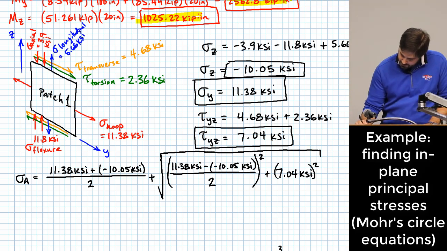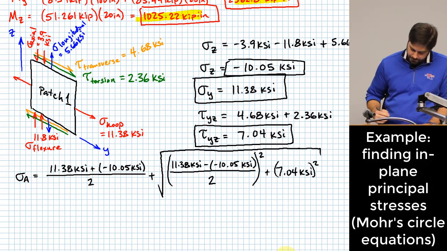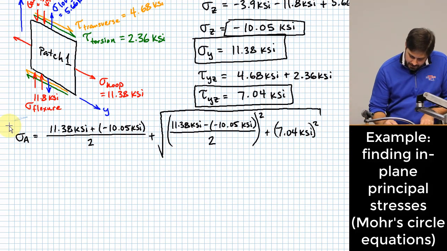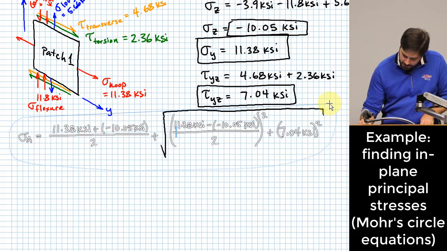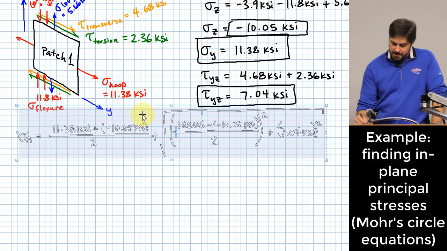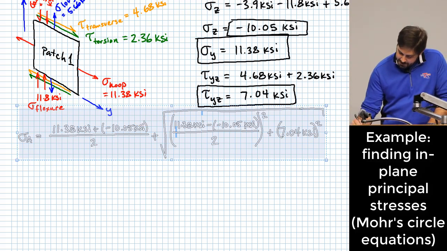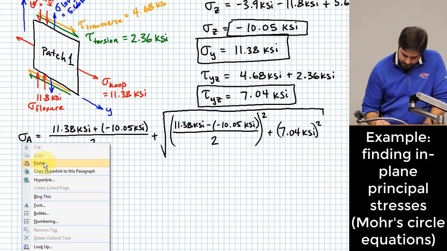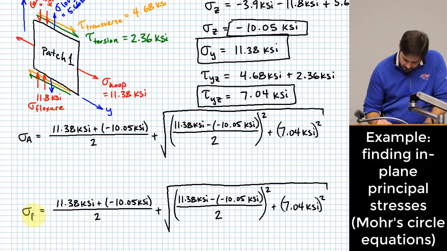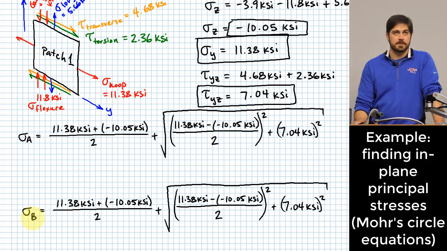All right. And before I do the answers to this question of what my principal stresses are, my second in-plane principal stress is almost exactly like this one as far as how it is stated. Okay, so for my B, what's the only thing that changes?